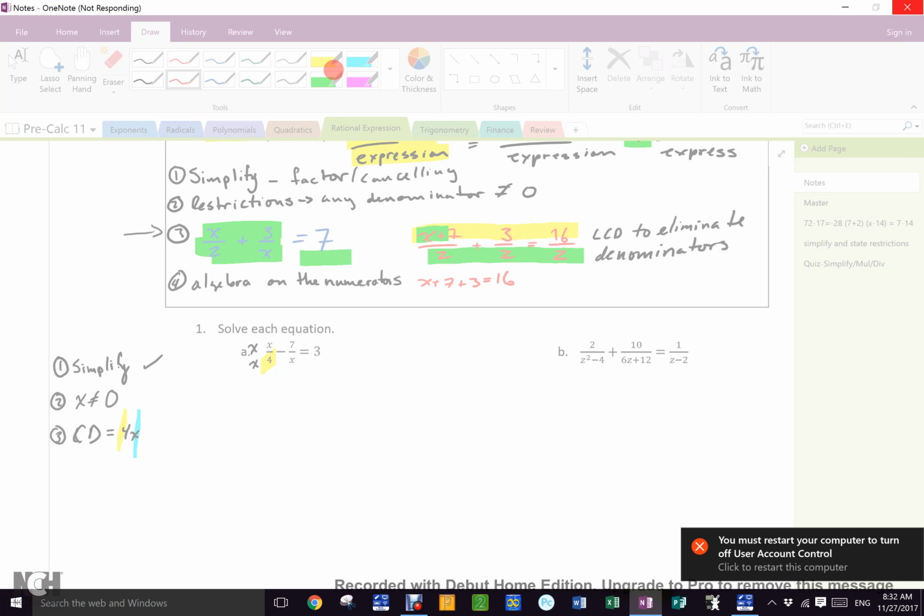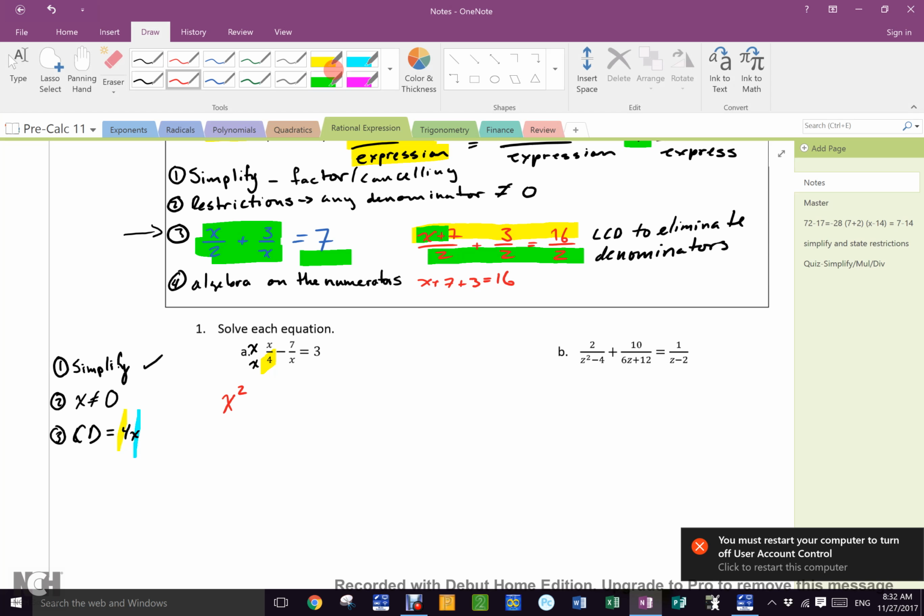4x. So what must I multiply the second term's denominator by to get the denominator that I am seeking? I need to multiply it by 4, yes? So that guy gets 4 and that guy gets 4. What do I do there? I have x minus 2 minus what? 28 over 4x right now, yes?